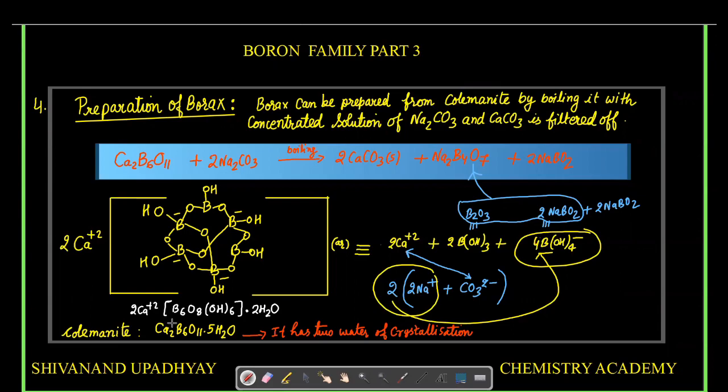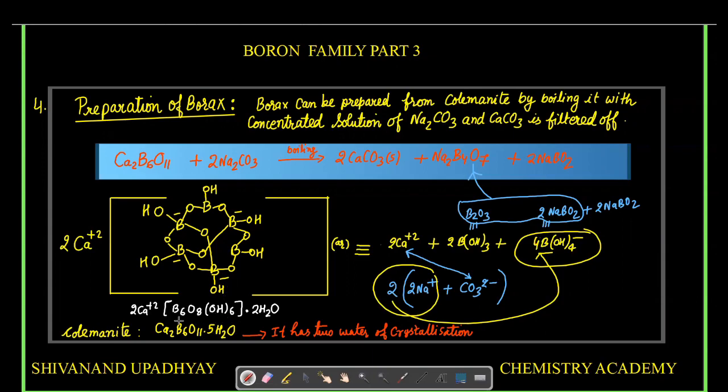So if they ask how many water molecules are required to hydrolyze one molecule of colemanite, I can say that B-O-B bonds are 8 in number, so the water molecules required will be 8. In borax, we are saying that B-O-B bonds are 5. So 5 water molecules are required to break those bonds.